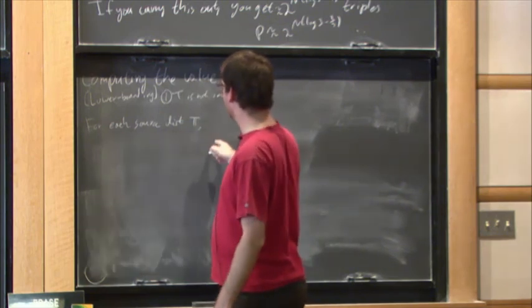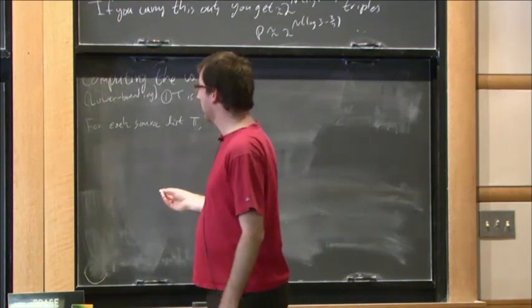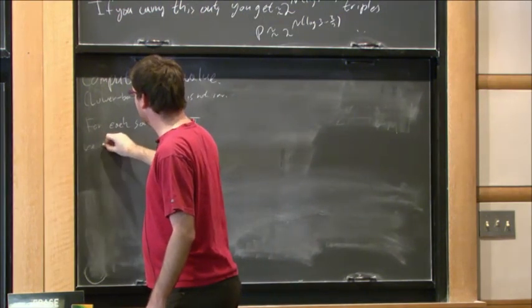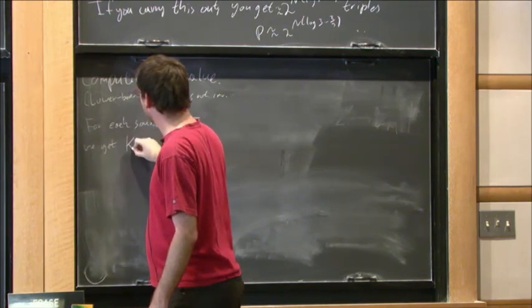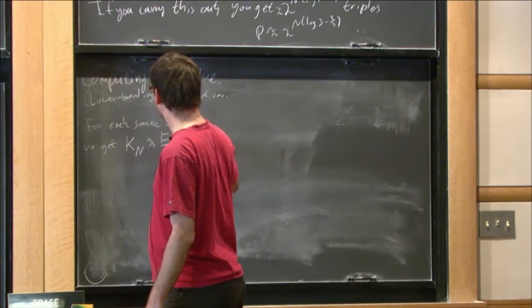So for each source distribution pi, we have these f of pi, f of p, and g, and we can compute them. So we get the same K_n, which is roughly equal to f over g times p.